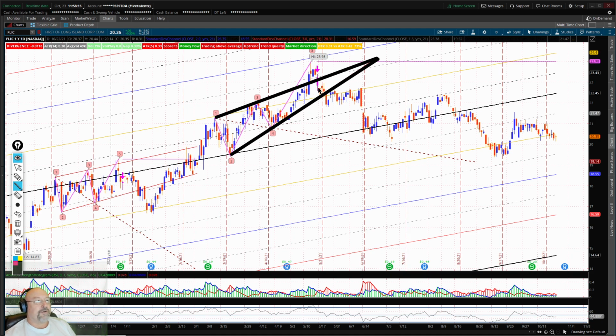Another rule is if it comes up here and then you get an ignition candle right here in the middle of the wedge and starts coming down, I wouldn't take that, because you only want to take a position using this indicator if it matches all of the rules. Like right here.